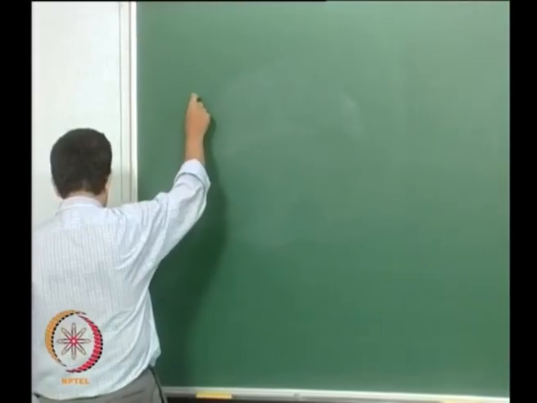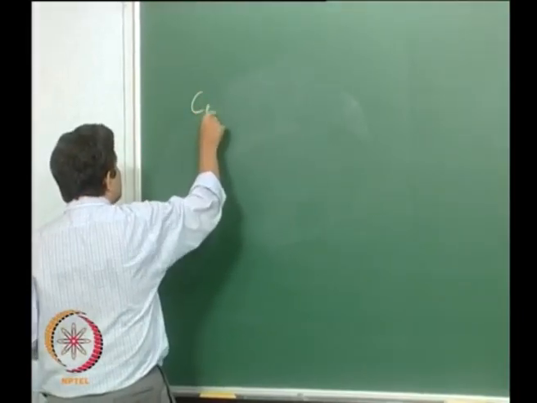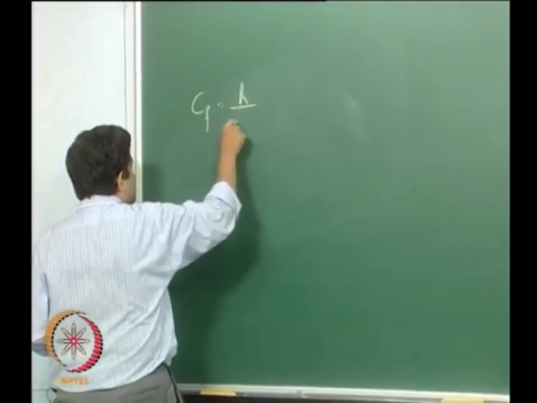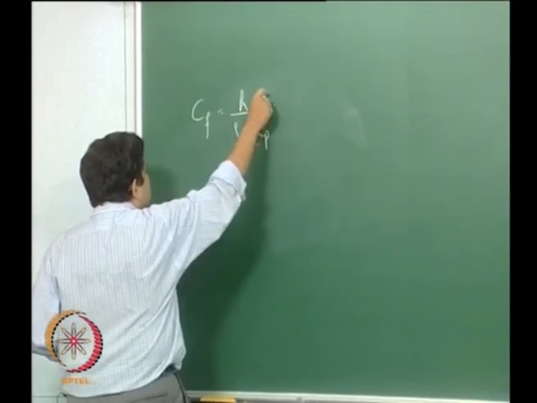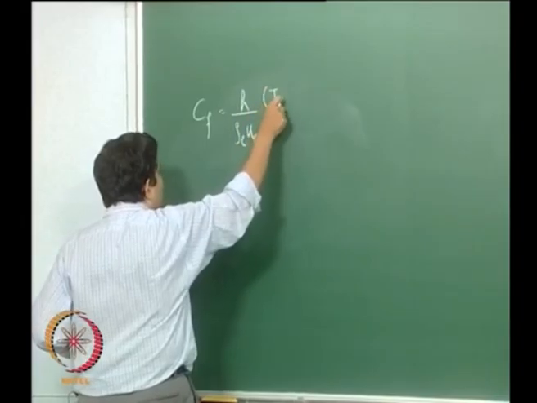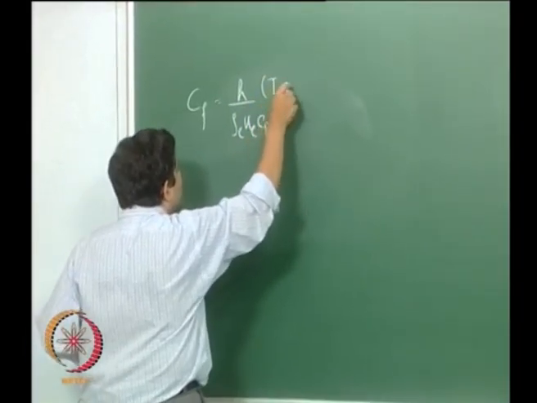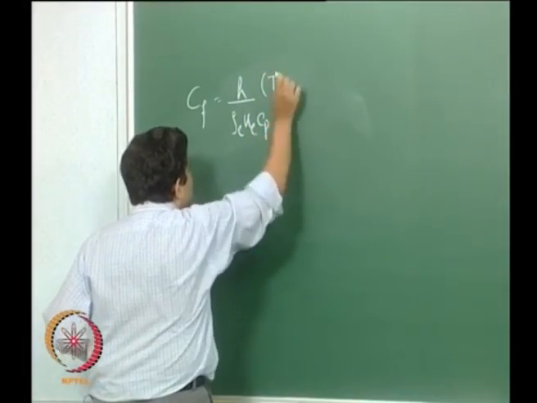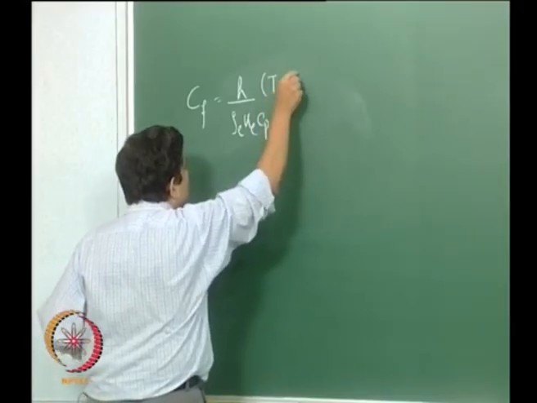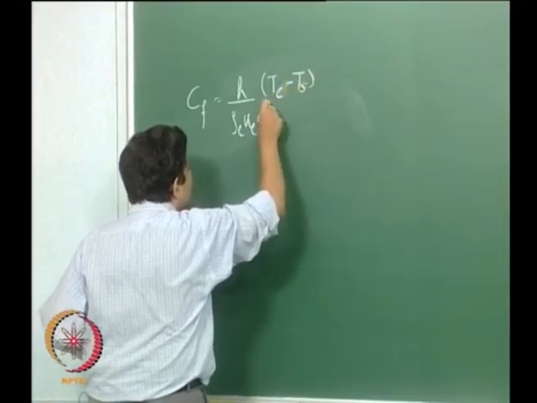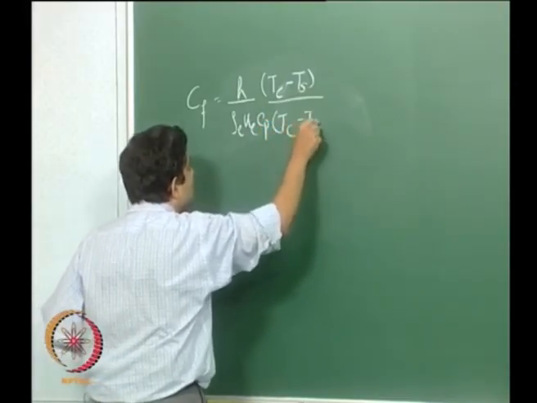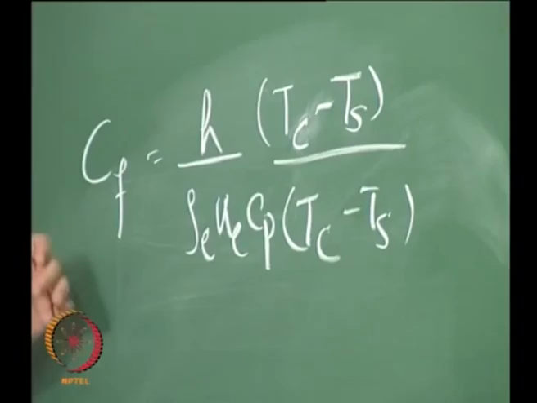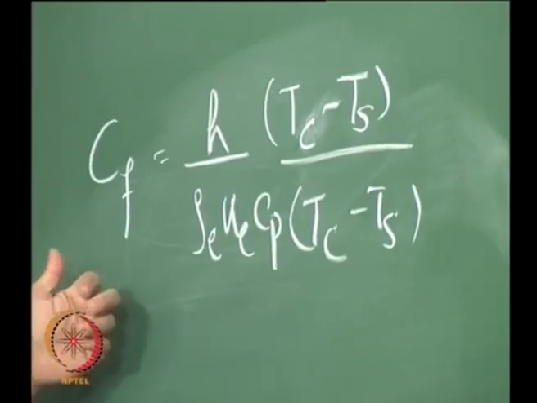So we had Stanton number Cf is equal to h by rho e ue Cp. So we will multiply both numerator and denominator by Tc minus Ts, so it doesn't change anything to the left hand side.